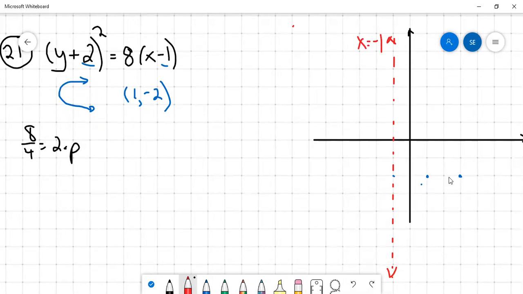We went from our vertex 2 in this direction to get to the point that our directrix needs to go to. So 2 was from our p. This blue is our center. Our directrix is x equals -1.